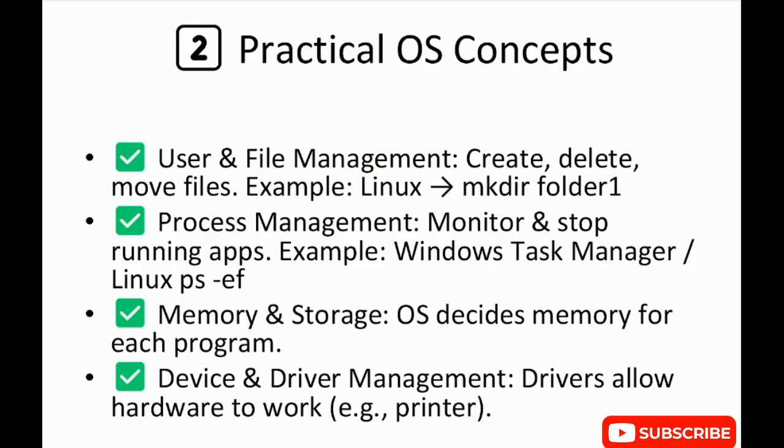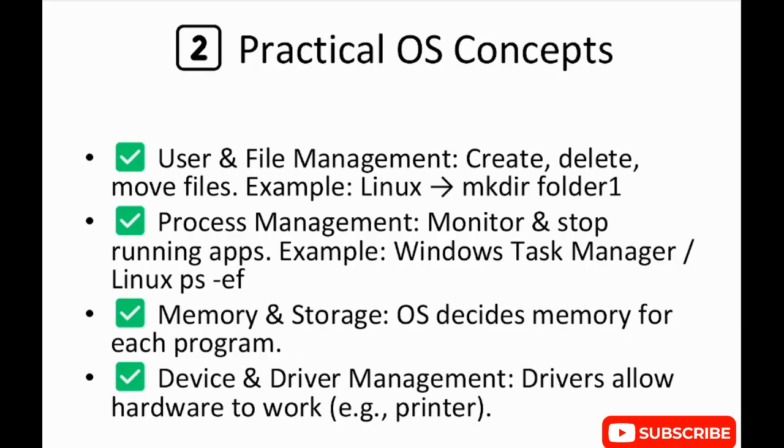Okay. Process management is like monitoring and stopping running apps. It's like Windows Task Manager. In this, you can go to the Task Manager and check how many apps are running, how many apps are not running. If an app is not running and it is needed, you can start it.